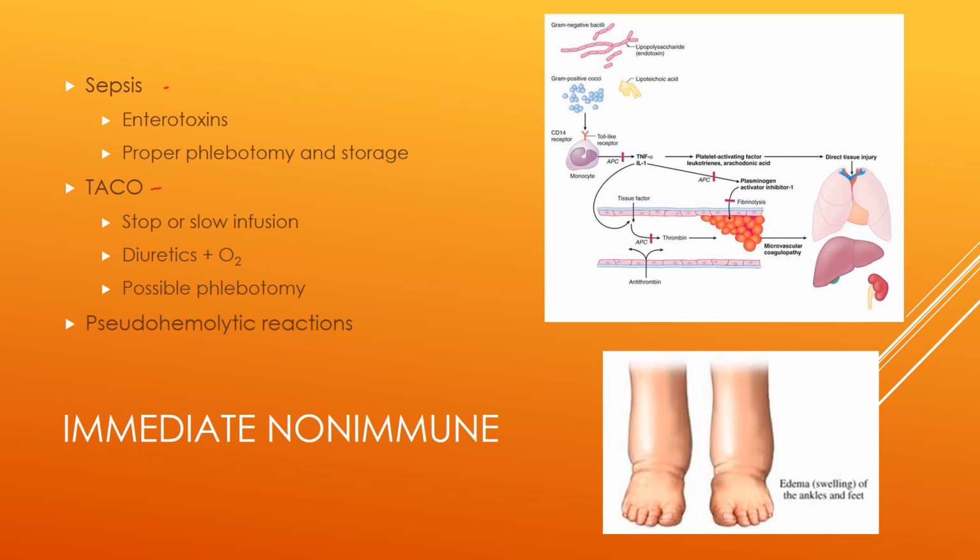So what can occur if that's suspected is you could do phlebotomy first to remove some maybe microcytic or hypochromic red cells and replace those with more normal red cells.